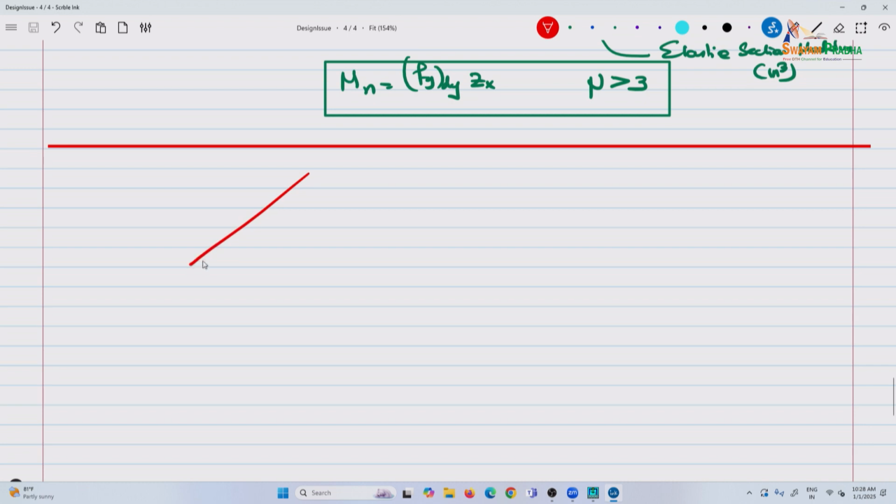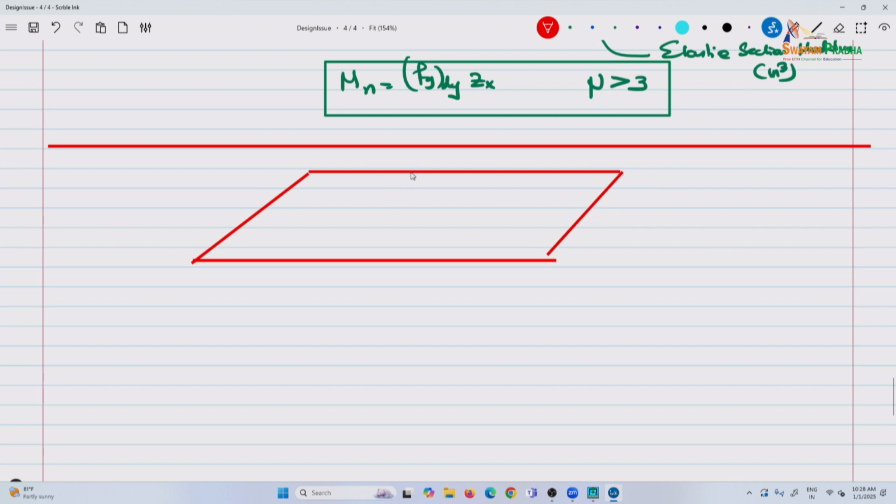Say you have a roof structure, these are 4 feet on centers, and this is an 18 feet span.